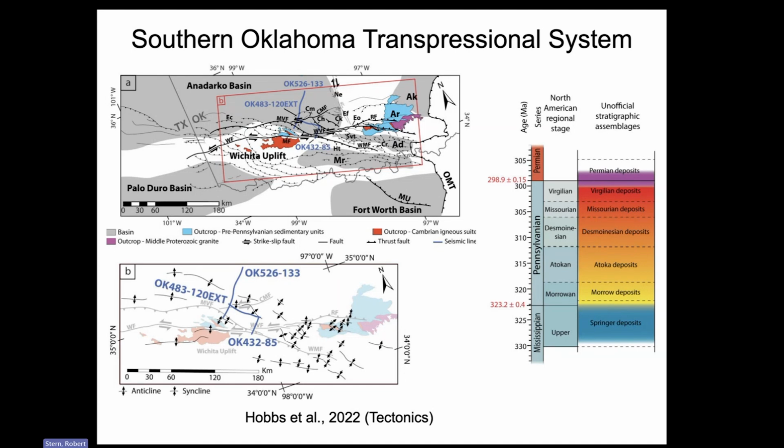But in this model, this Hobbs et al. model, which is fairly recent, they're interpreting it as a strike slip system overall, right? So what would you expect to be associated with this system if you took profiles? Would you expect positive or negative flower structures? Anybody want to take a shot?